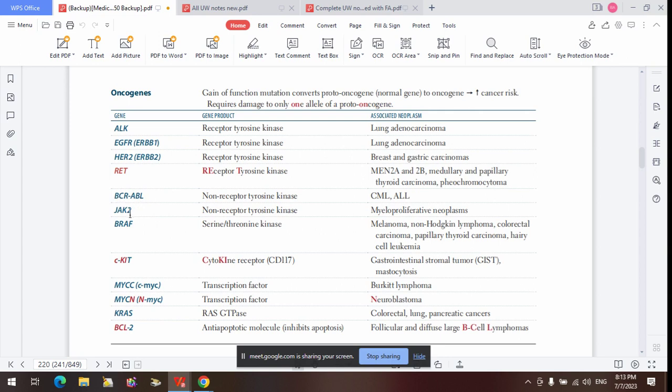So someone has BCR-ABL rearrangement. This BCR is on chromosome 9, ABL is on chromosome 22. So when you have BCR-ABL rearrangement, you are going to form this protein complex that we call Philadelphia chromosome. That Philadelphia chromosome codes for a protein that has cytoplasmic or non-receptor tyrosine kinase activity.